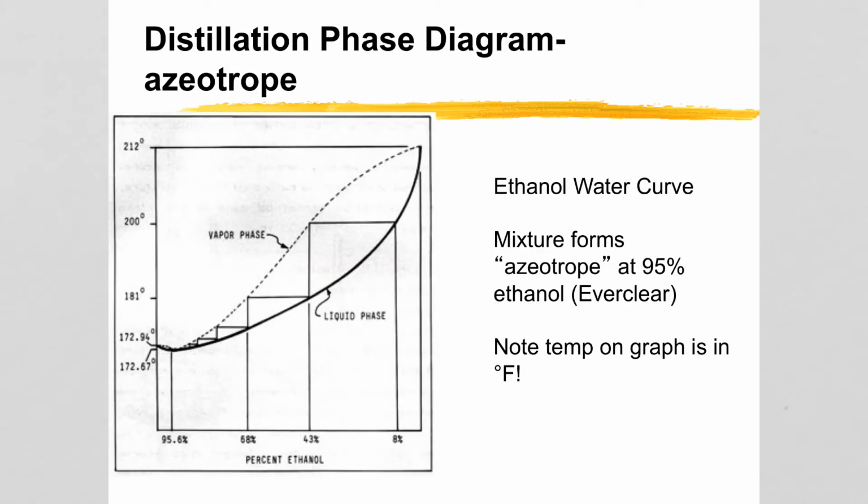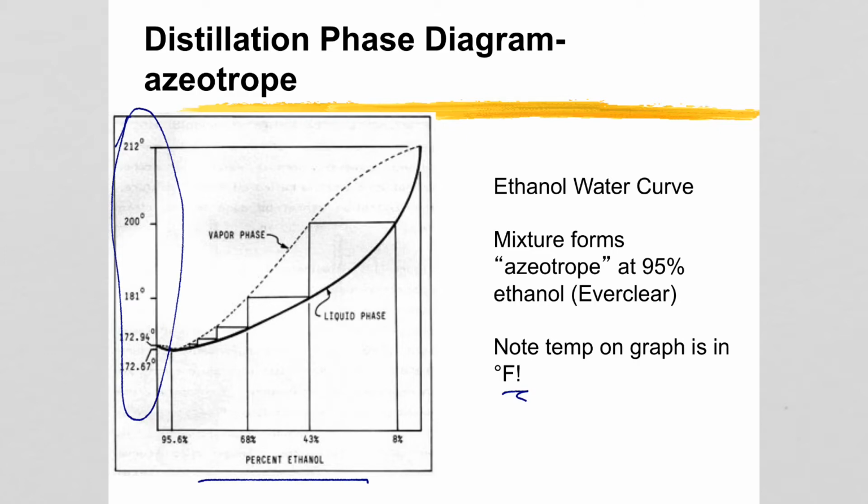Now here is a phase diagram that helps illustrate how fractional is better at separating liquids than simple distillation is. Along this axis down here we have percent ethanol, and along this axis we have the temperature. Note the temperature is in Fahrenheit, but this is the only one I could find, so that's why we're working with it.